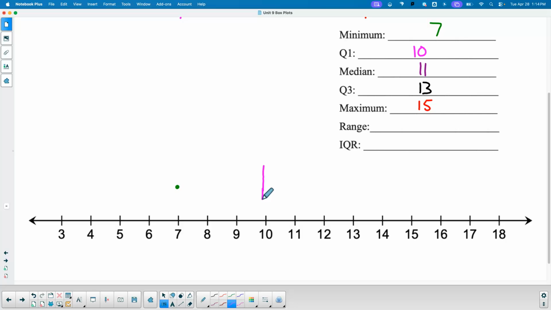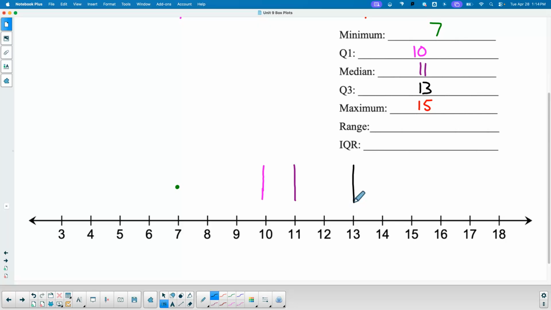Then I move to my median, and I would put the same sized line. Then I would move to my third quartile, put a line.